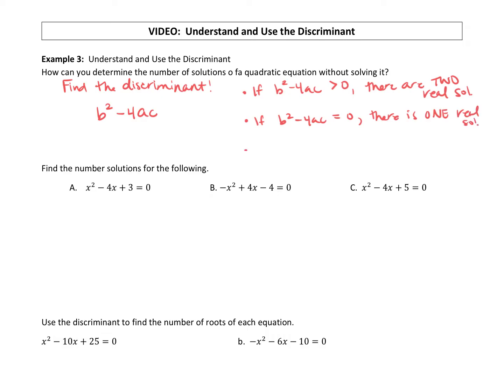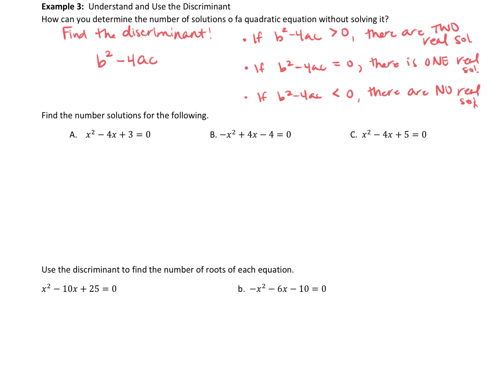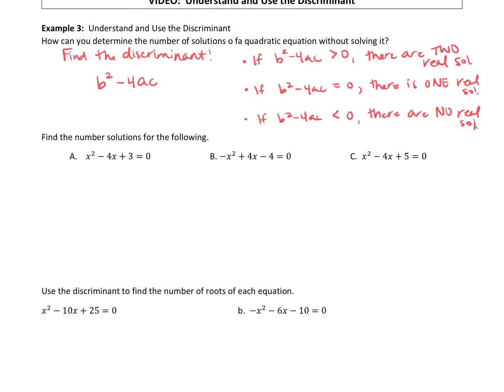And the last thing that might happen is your number could be negative. If that number is less than 0, there are no real solutions. What's nice about the discriminant is it's less math than the quadratic formula, but we do have to understand what our answer represents.